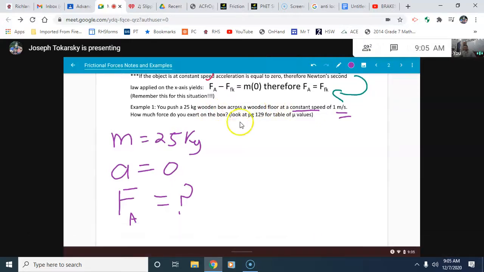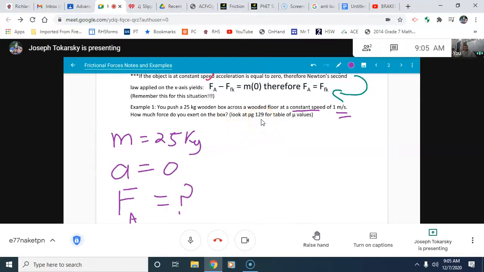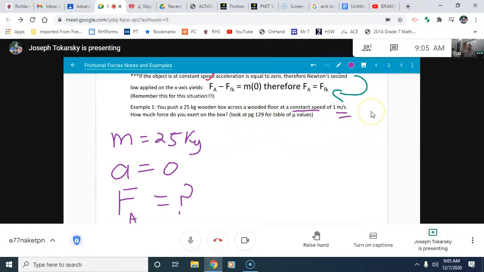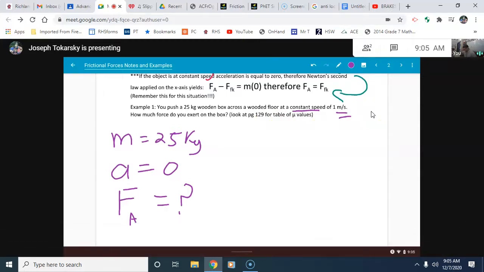And don't forget, that table is on page 129 of your textbooks. So you may need to flip to that in the condition that you need mu and you know the specific surfaces. If we're asked to solve for mu, you find it mathematically.